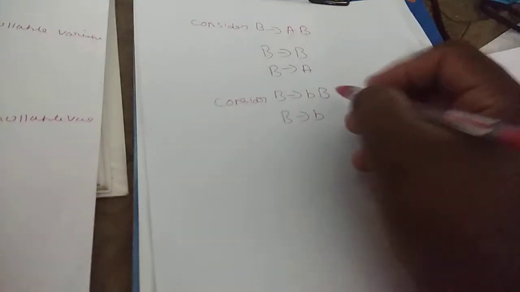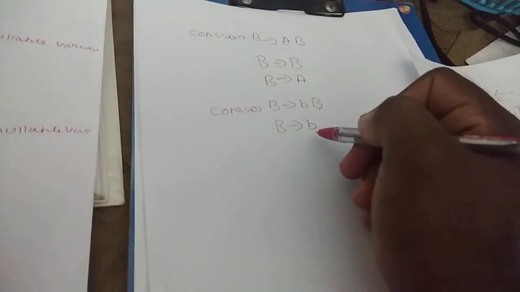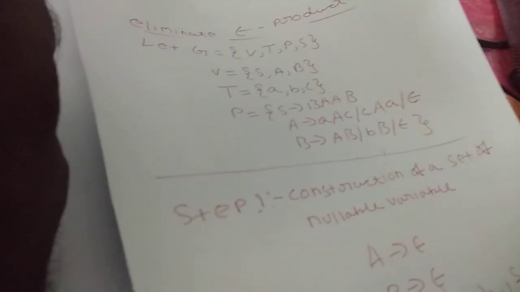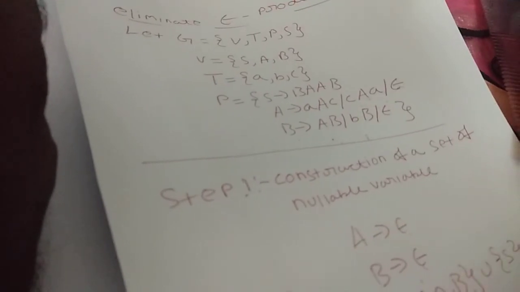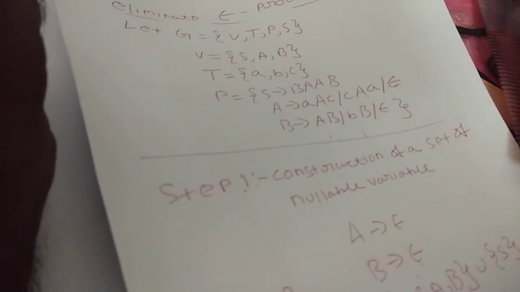Insert epsilon for that, you will get B tends to B. If you insert epsilon, meaning empty, if you delete this non-terminal, you will get this B. Then everything is solved. See, in this CFG we have solved for S, then for A, and for B, and we don't have any other non-terminals. Then we can write the transitions.